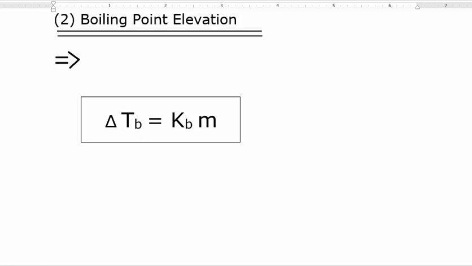Our second colligative property, the first one was vapor pressure lowering, is boiling point elevation. We can rationalize that the boiling point goes up because there are fewer molecules in the vapor phase. Therefore, you need a higher temperature to boil.